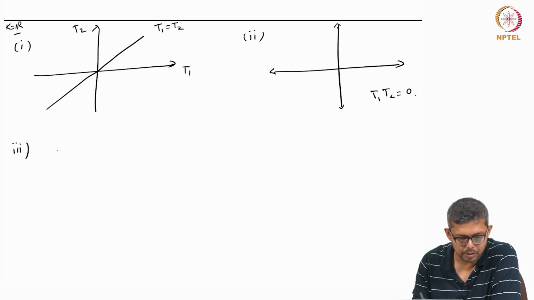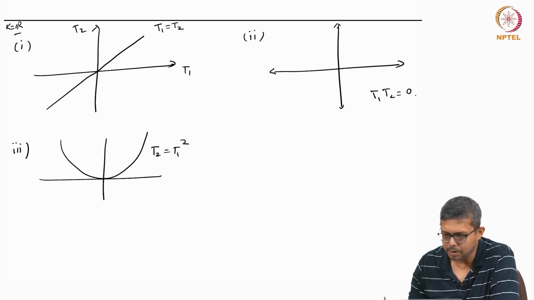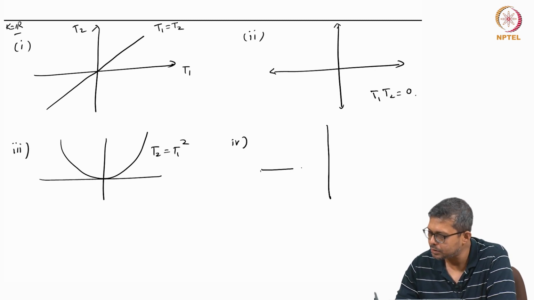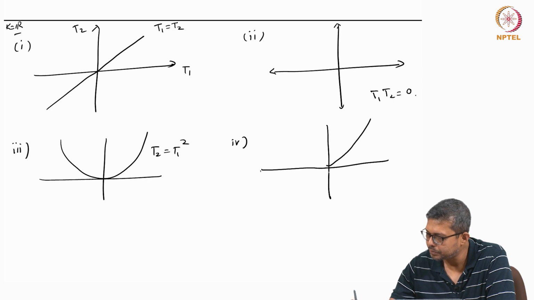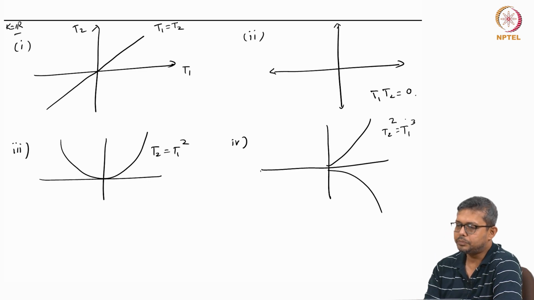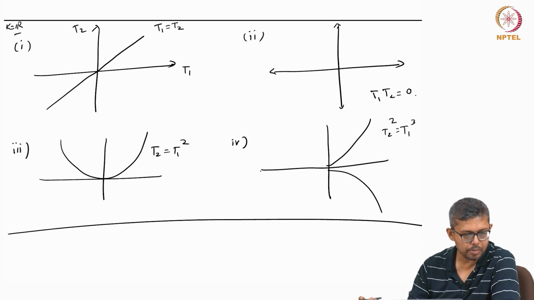For example, you take the parabola. These are all nice examples of plane curves, or you take this cusp, whose equation is T2 squared equal to T1 cubed.